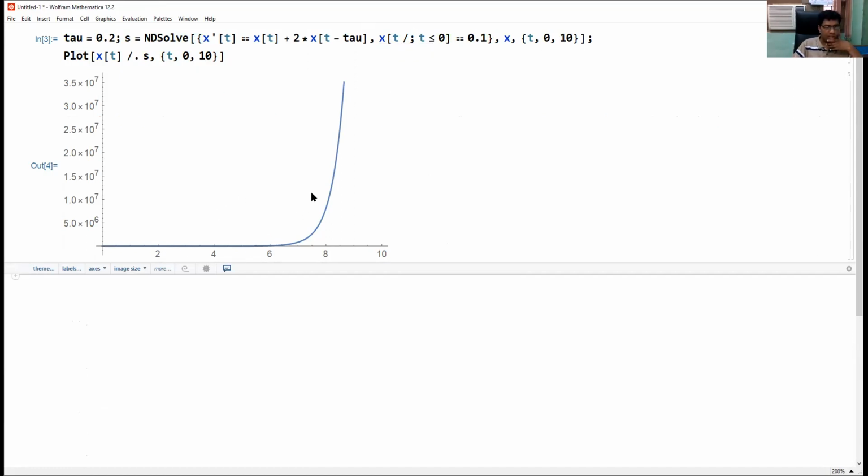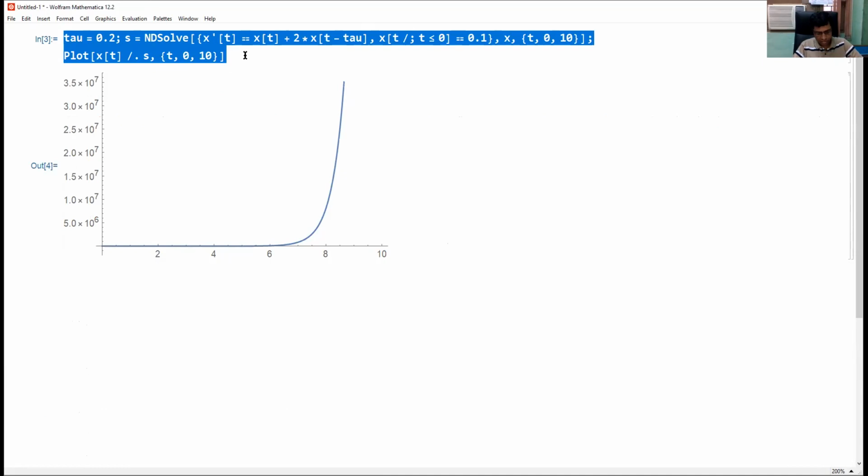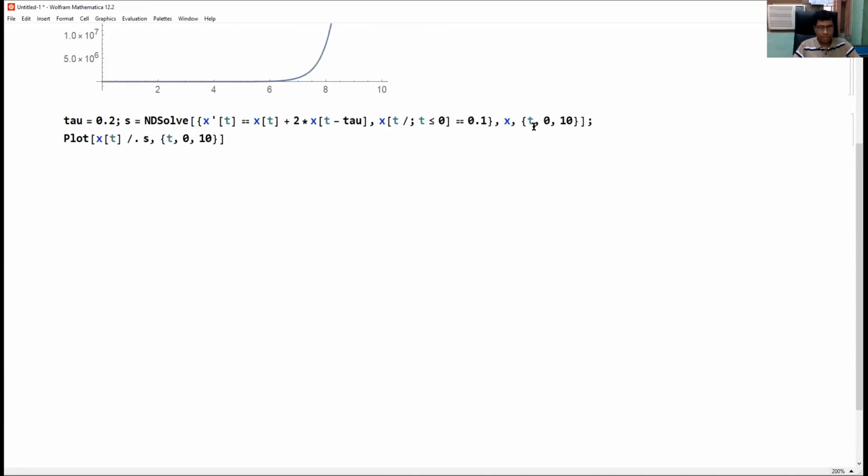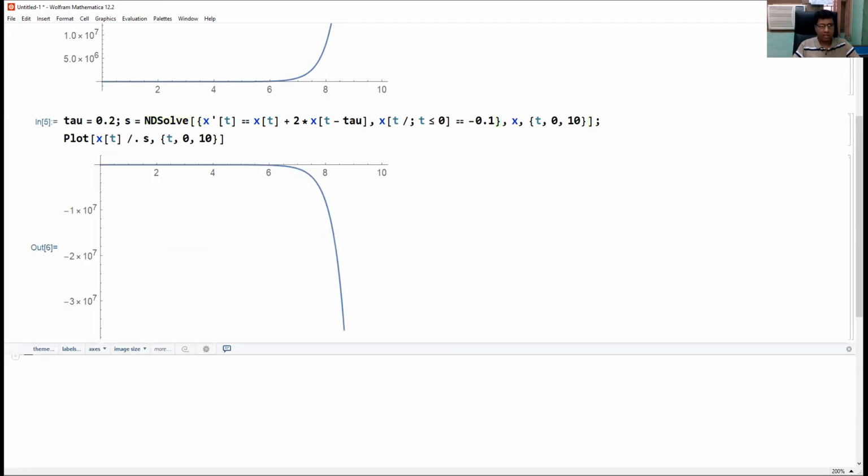Fine. So we can see that this is becoming unbounded. This is initial condition 0.1. We may take a negative initial condition in the same case, say minus 0.1. Again it is unbounded on the other side.